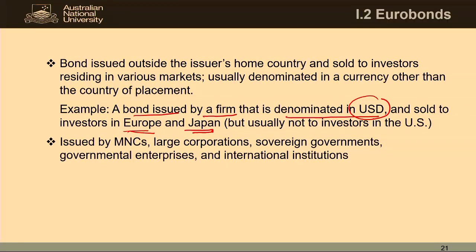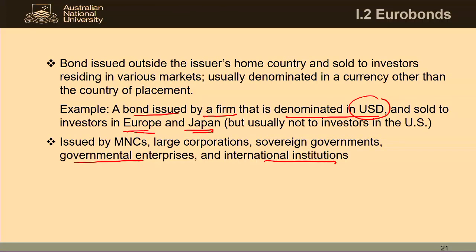And they're typically issued by large corporations, multinational companies, sovereign governments, semi-governments, which are the governmental enterprises, as well as international institutions. International institutions such as the World Bank, IMF, and the major international agencies.